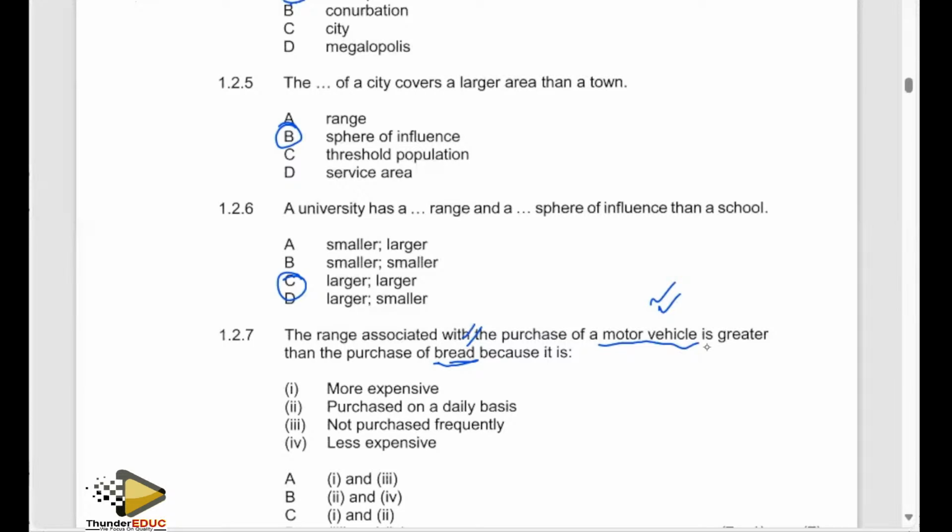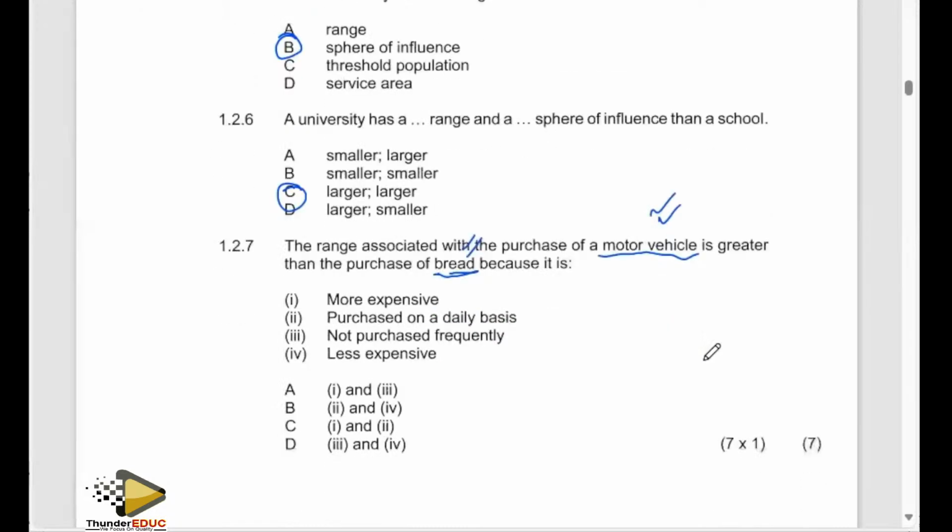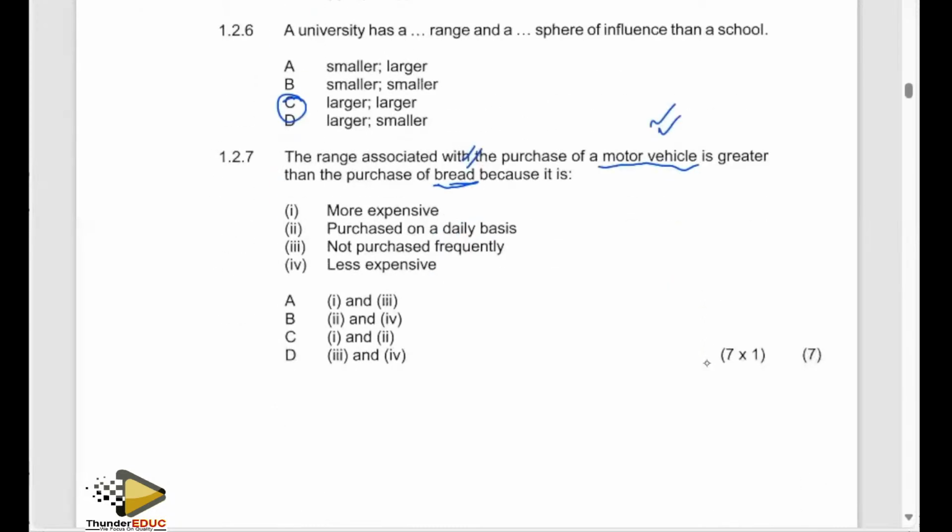We are comparing the purchase of a motor vehicle and the purchase of bread. So basically, a motor vehicle is more expensive than bread.